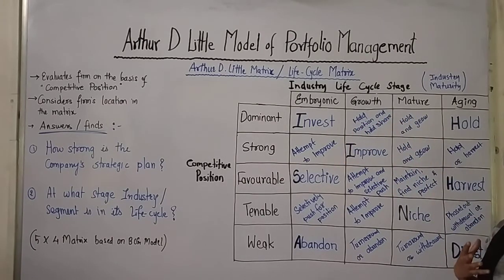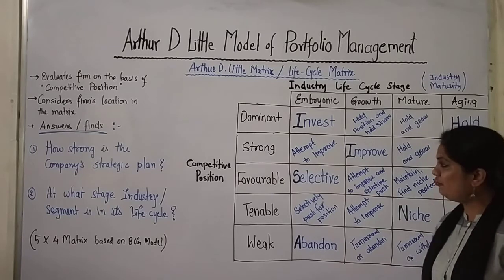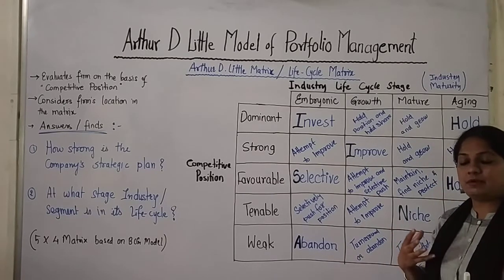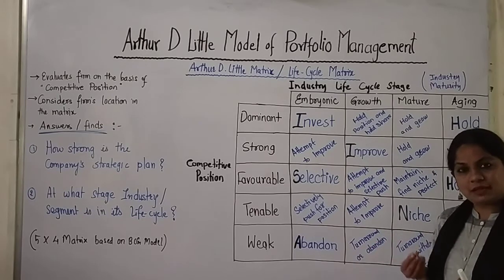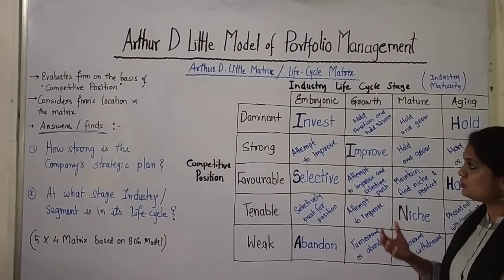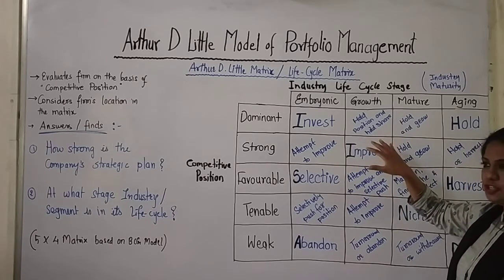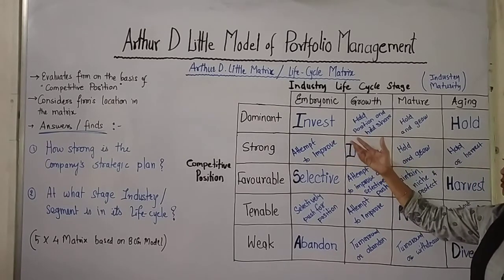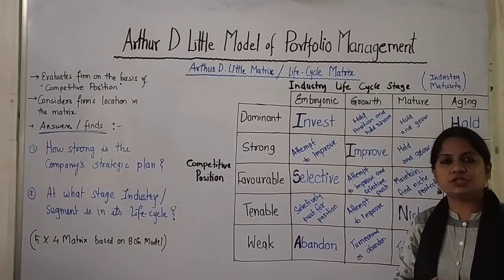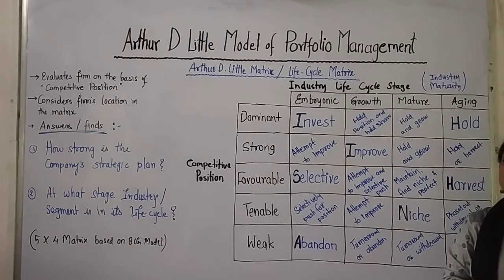If the industry is in a growth stage, it has established itself well enough and the companies have started making profits. Slowly some competitors are coming in, and your market share is very good because the industry is growing and your market position is also dominant. Then hold the position and hold the market share. This is what is suggested by the matrix.